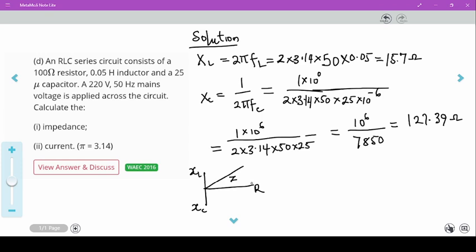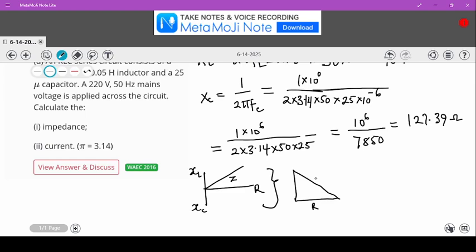This all boils down to the use of Pythagoras theorem, because here we obtain a right-angled triangle, something like this. If you check the resultant, we have the horizontal axis to be R, the hypotenuse to be Z, which is the impedance, while the vertical side is XL, because we are getting the resultant for all reactances, XL minus XC.